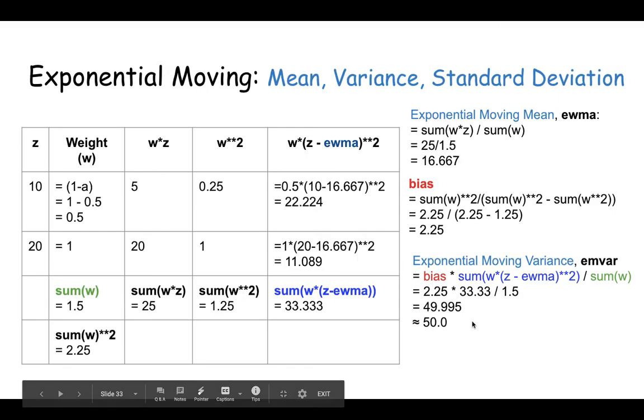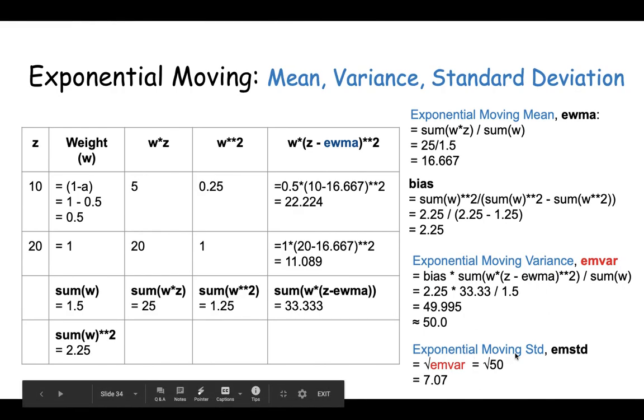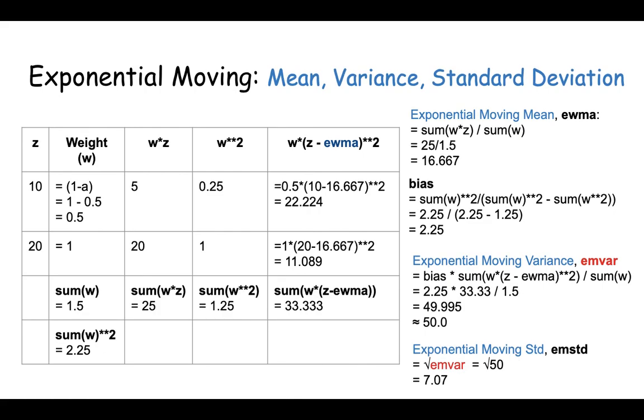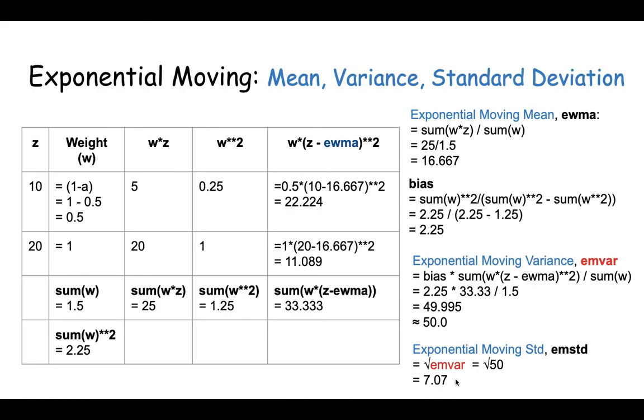And based on that variance, we can also go ahead and calculate exponential weighted standard deviation, which is just the square root of variance. So we take a square root of 50, and that's how we get the standard deviation of 7.07.